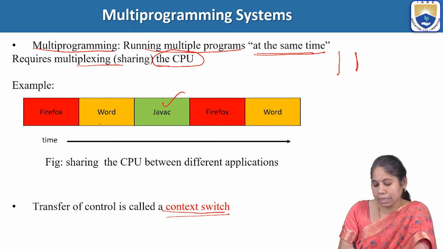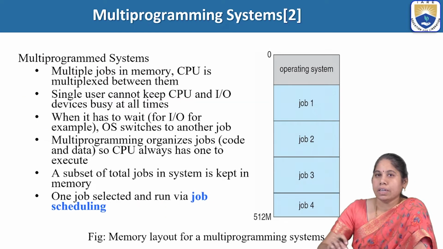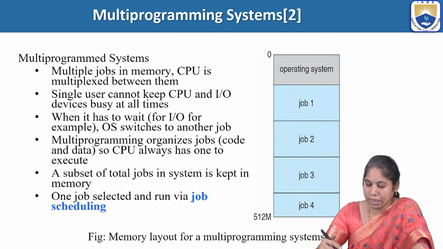Now let us see the memory layout of a multiprogramming operating system. Initially, the operating system is placed on top in low memory, and then Job 1, Job 2, Job 3, Job 4. These are the different jobs or tasks.